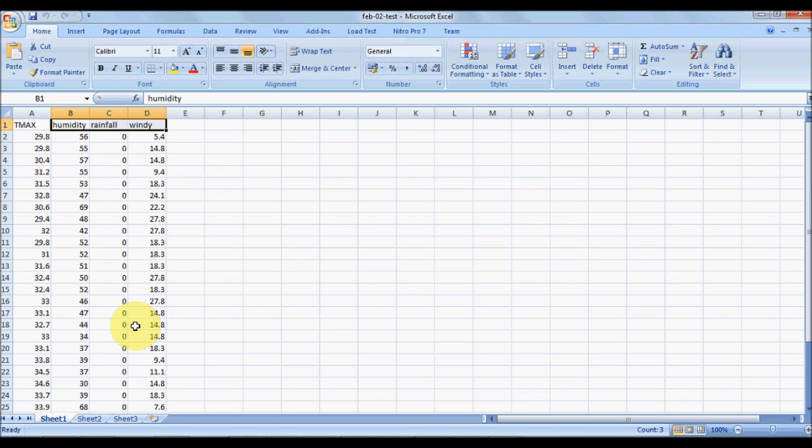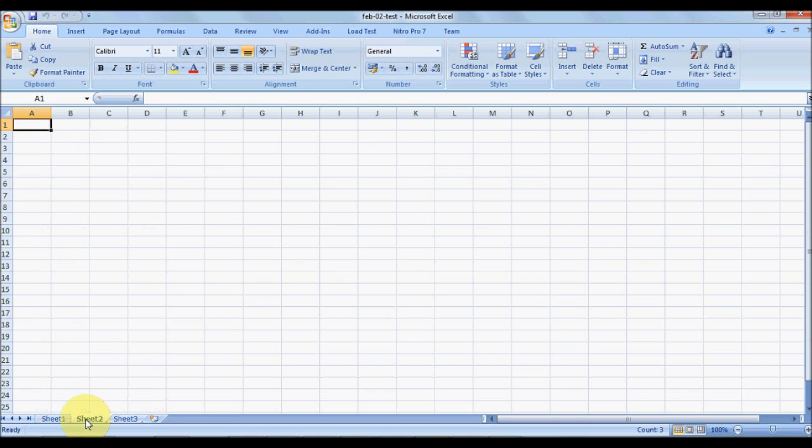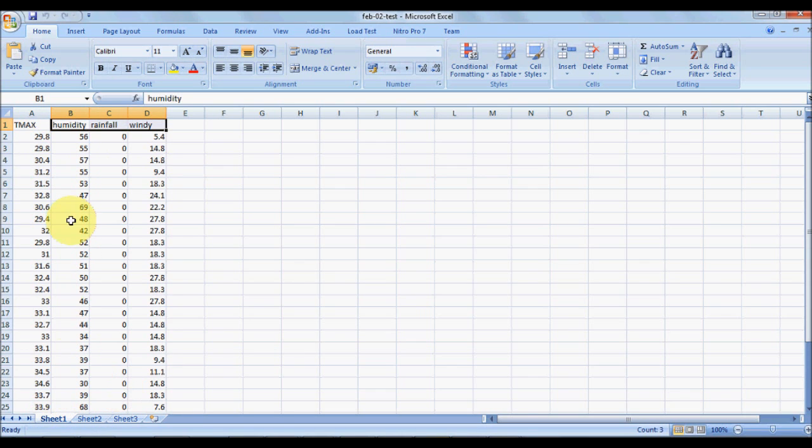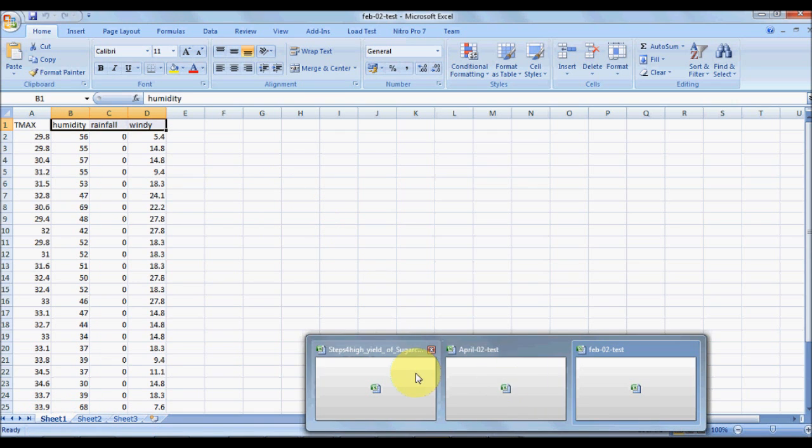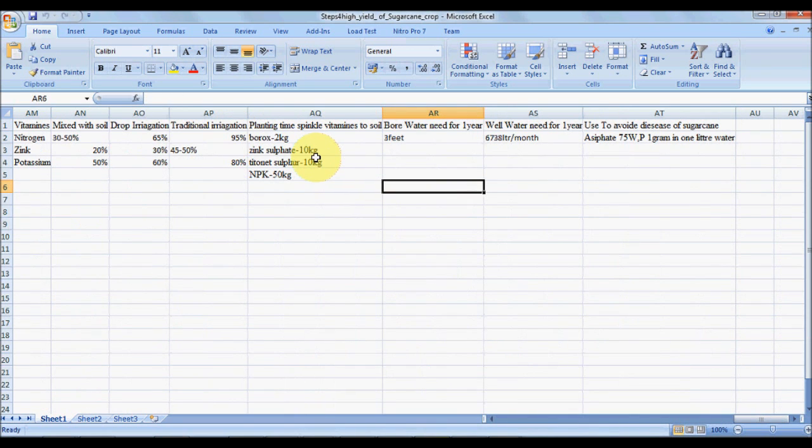We need to first predict the productivity of the sugarcane plant in this environment, and then we need to calculate the prerequisite. That means if this is the weather, then what percentage of Asiphate should be mixed with the crop, and what is the water requirement that we should put.